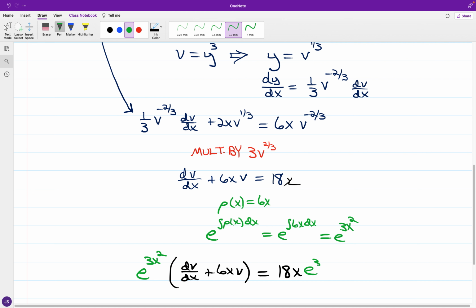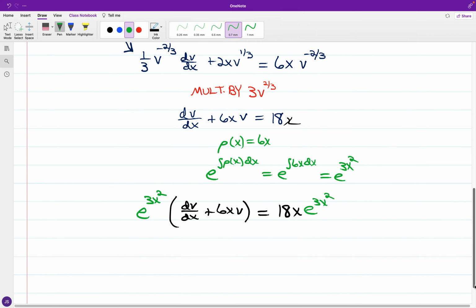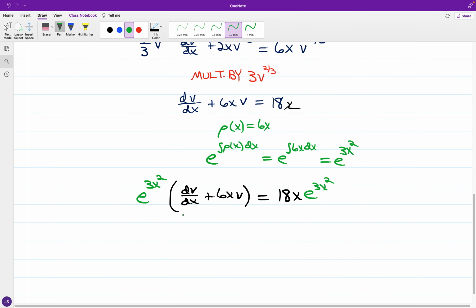Multiplying the standard form by e to the 3x squared, on the left hand side, if you were to distribute, we would have the product rule expansion of taking the derivative in x of the integrating factor, e to the 3x squared, times the dependent variable v.